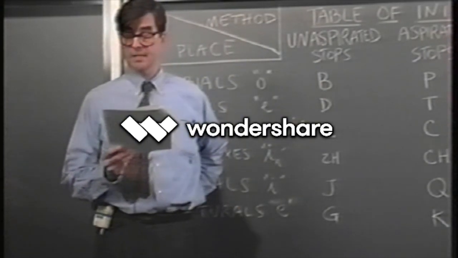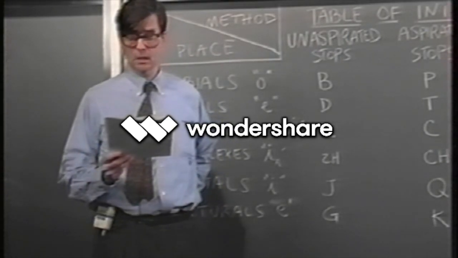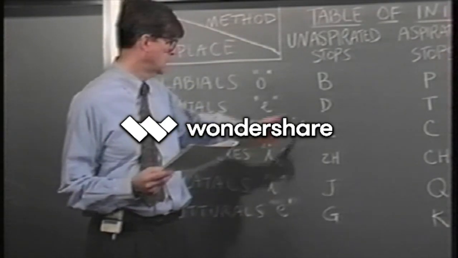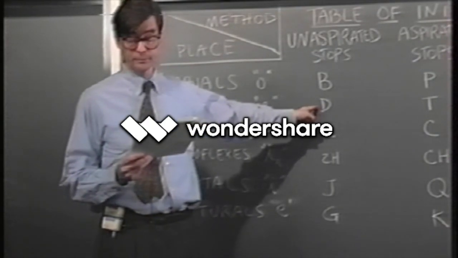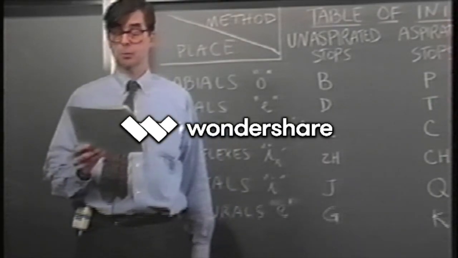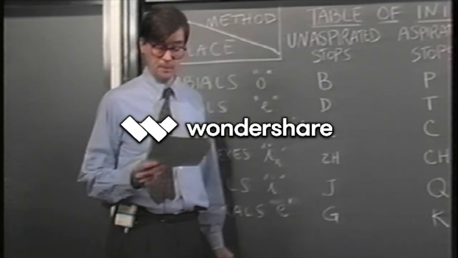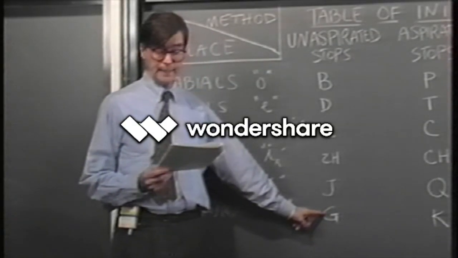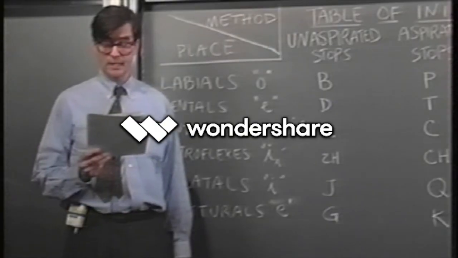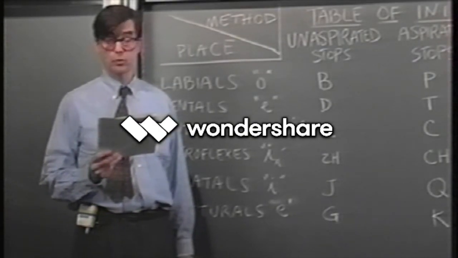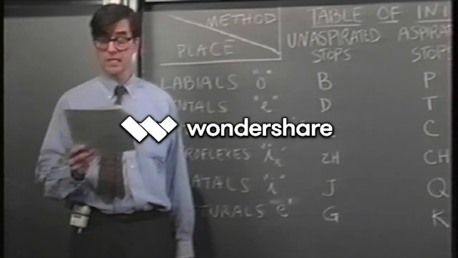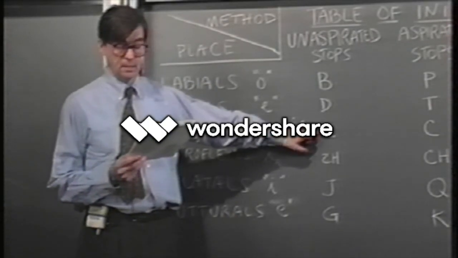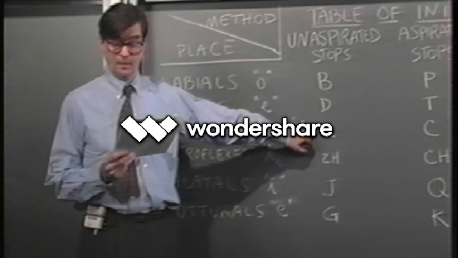In the English word steam, the letter T resembles the Chinese initial de, and the K in the English word skull resembles, it's identical with the Chinese initial ge. However, note that the DS in the English word reads, R-E-A-D-S, is voiced, and therefore it's unlike the Chinese initial Z.